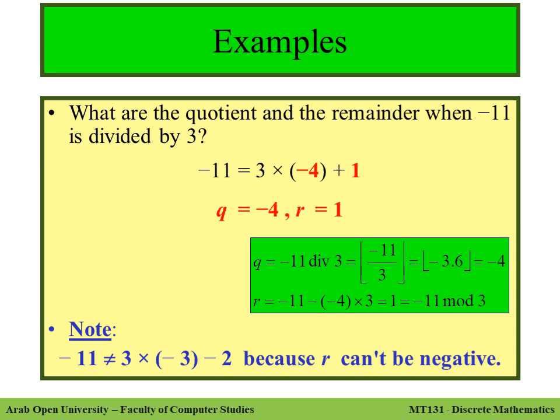The floor of minus 3.6 is the largest integer to the left of minus 3.6, and that will be minus 4. This is your quotient. For the remainder, take minus 11, subtract minus 4 times 3. This is minus 11 plus 12, which is equal to 1. This is minus 11 mod 3.